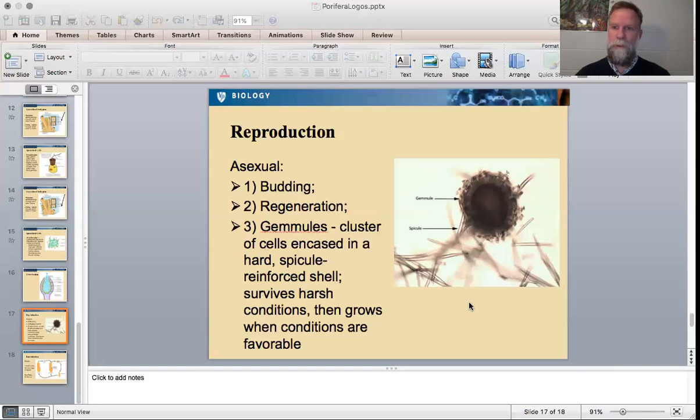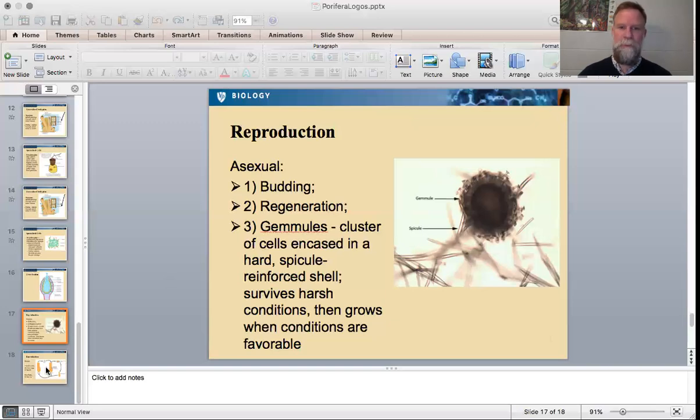So the poriferans also have this survival mechanism where if all goes bad, a gemmule can be produced, and that is a really hard spicule-encased cell or series of cells, and then that can survive the harsh conditions that might be occurring, and then when conditions change, can regrow into a new adult sponge. So budding, regeneration, and gemmules: three asexual means of reproduction.